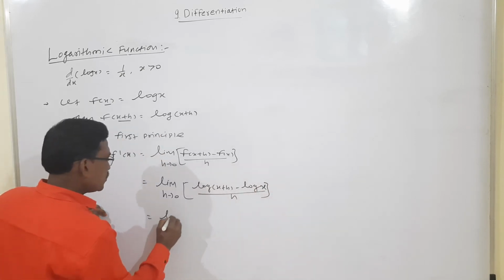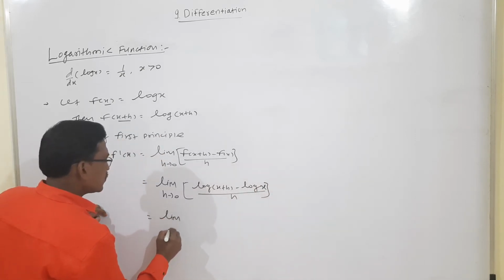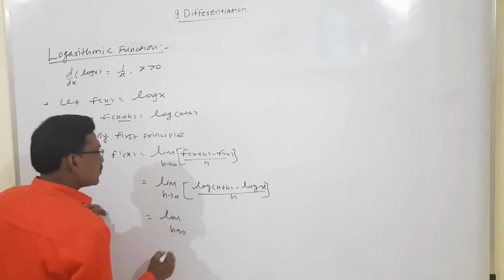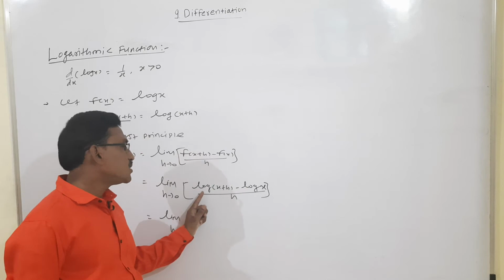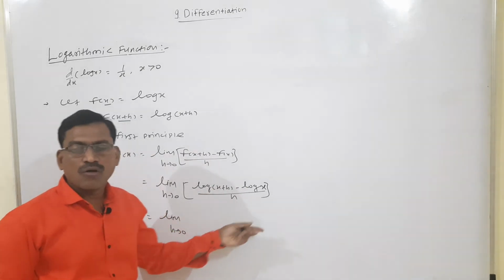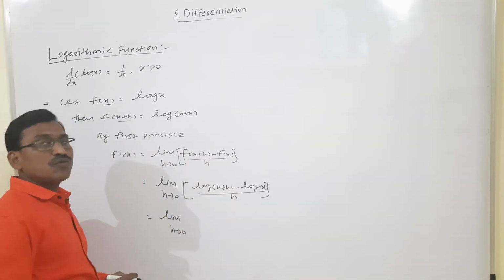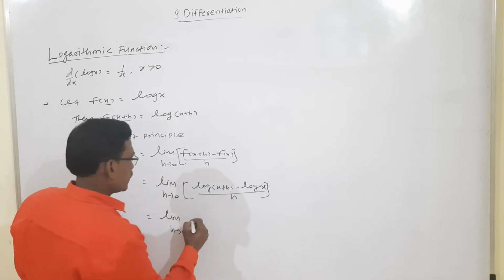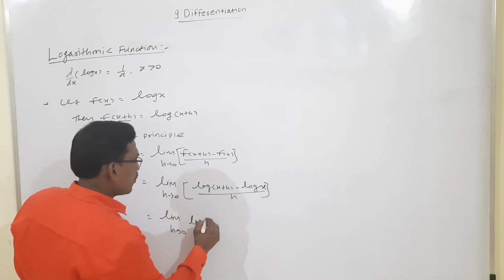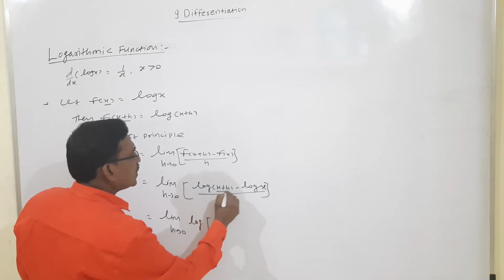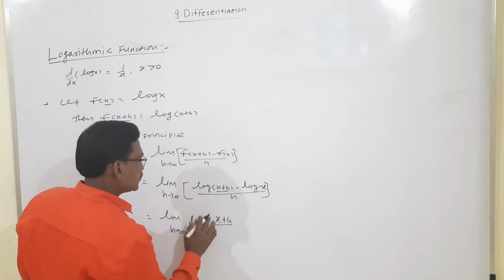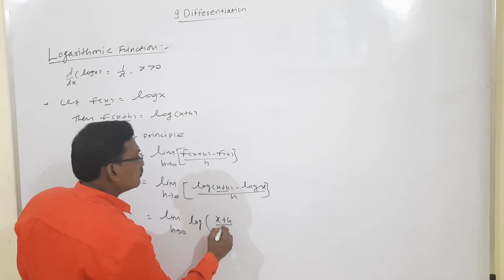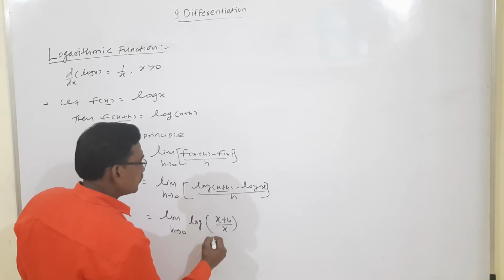So we know the rule of logarithms: log a minus log b gives log of a by b. Here a means x plus h and b means x.